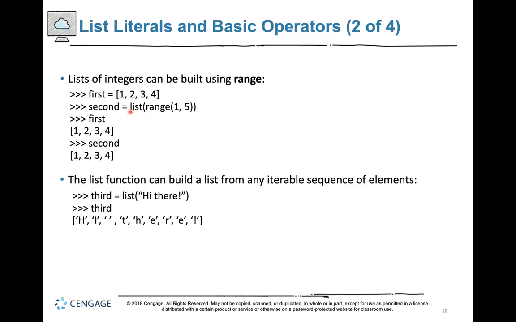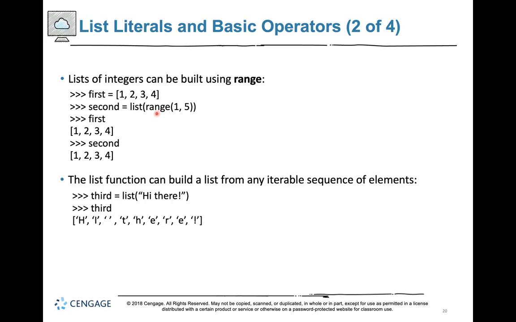Now you can create a list out of any iterable object, and a range object is iterable. Iterable means that the class needs to implement the special method __iter__. So that's kind of the technical details behind it, but this built-in range object supports it.